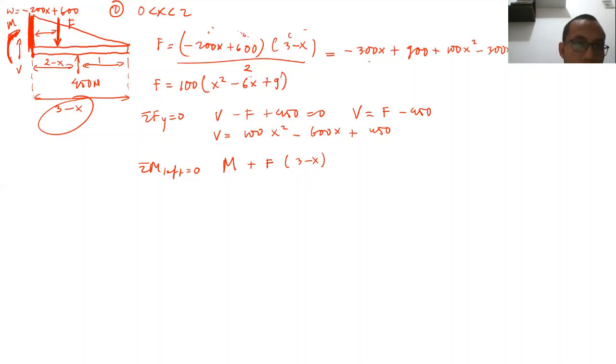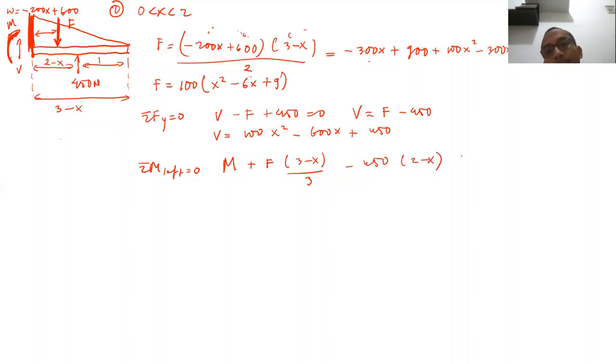Remember, because it's 1/3 from the left. And then clockwise positive, remember, minus 450 multiplied by 2 minus x, supposed to be equal to 0.